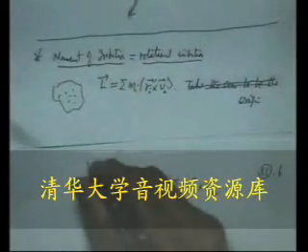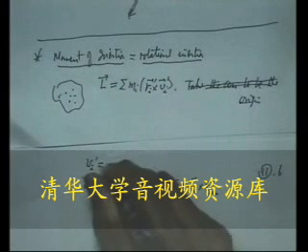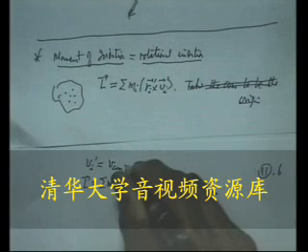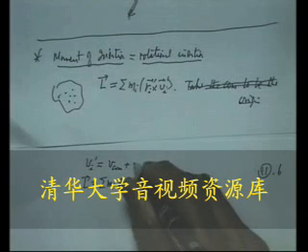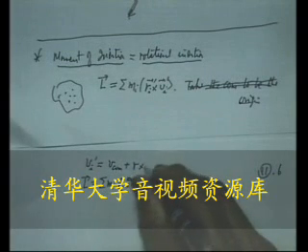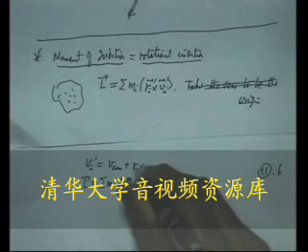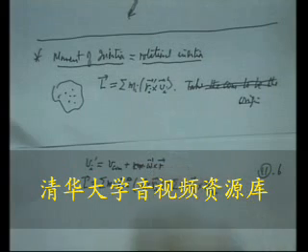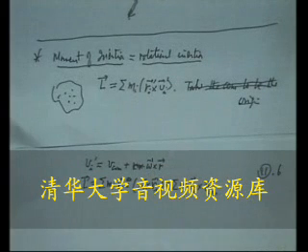We have Vi prime is equal to V center of mass plus omega cross R, where R is relative to center of mass.